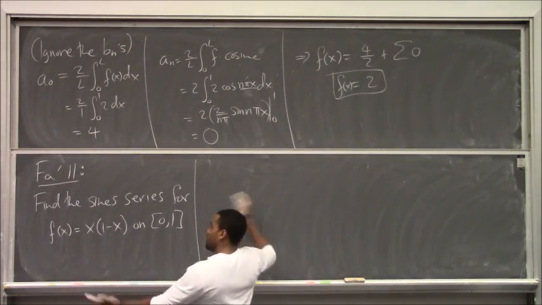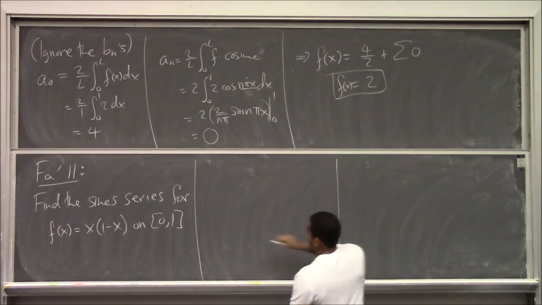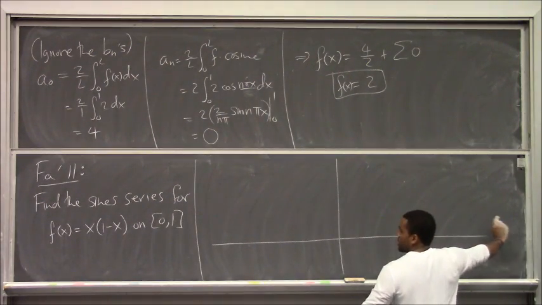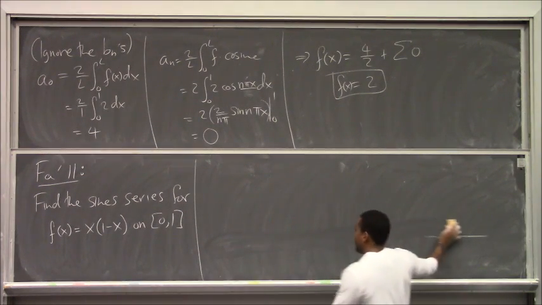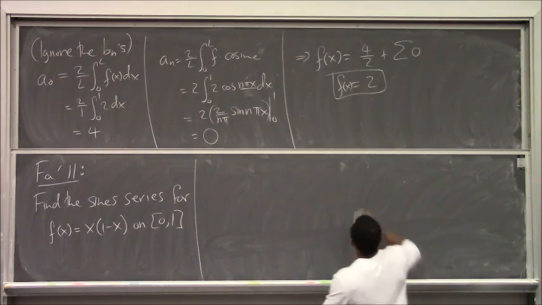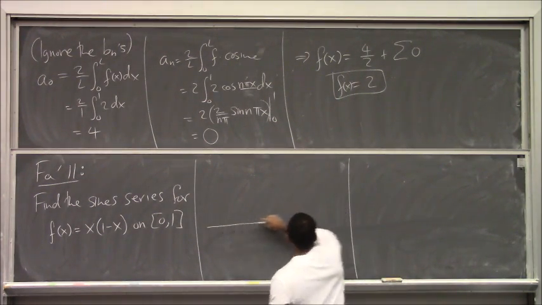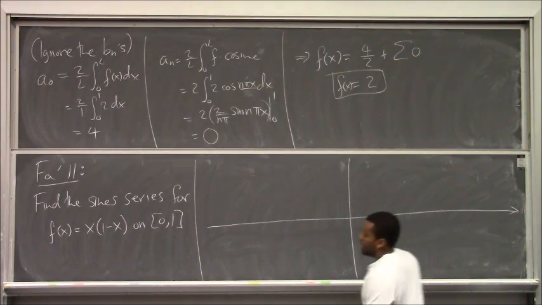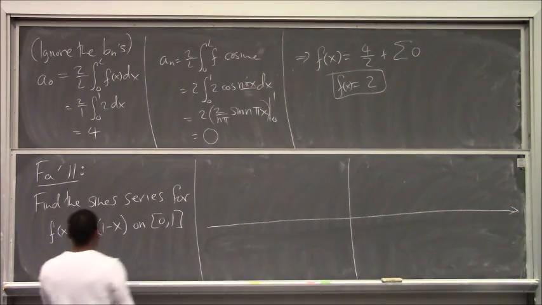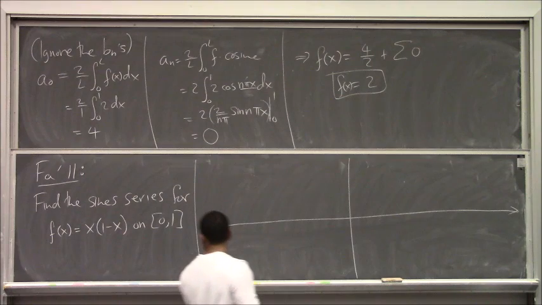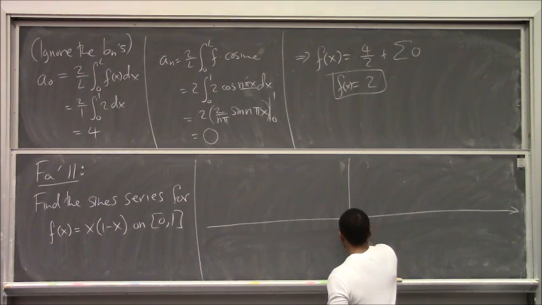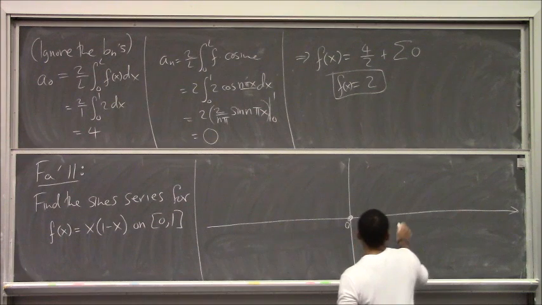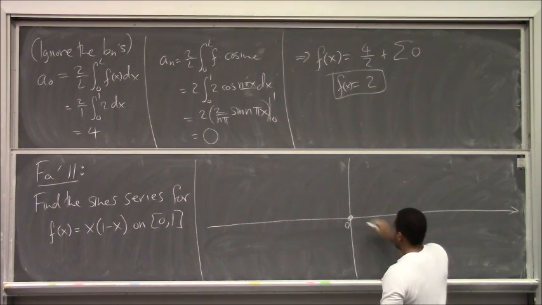So you don't have to draw it, but here's the picture. What does this look like? It's like a negative x squared, intersecting at 0 and 1, just upside down.